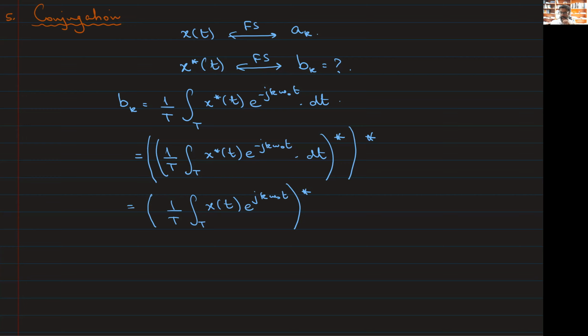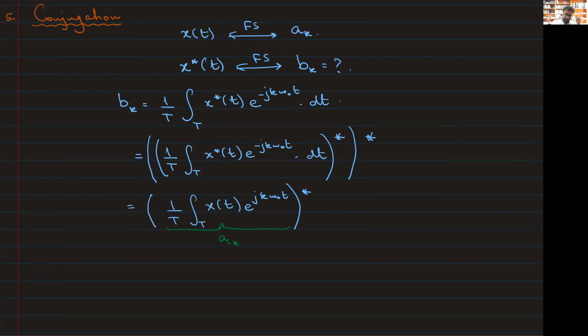Okay. Now, what do I have inside the brackets here? So what is this thing here? I mean, we just did this in one of the properties. Excellent, Daniel. So Daniel says this is a of minus k, which is exactly right. This is a of minus k, as we did in the time reversal property, right?